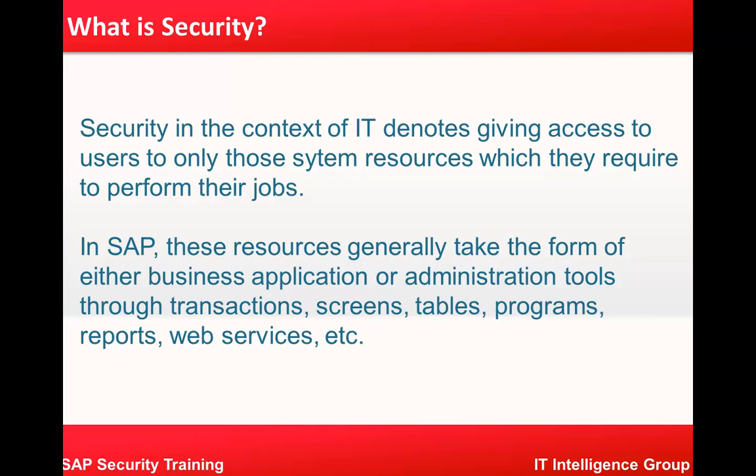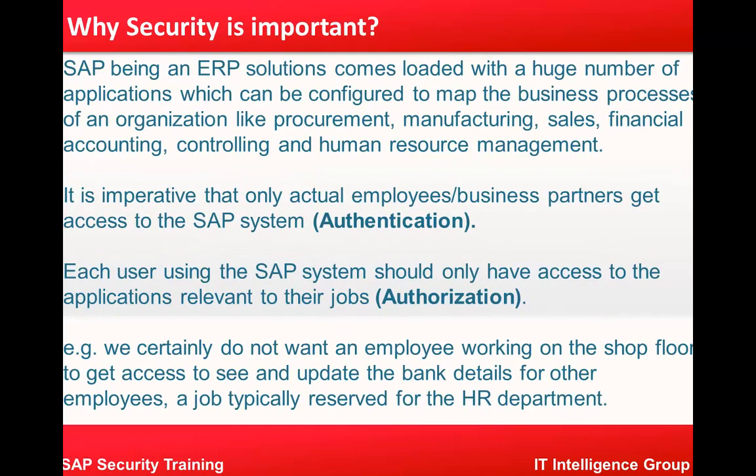And how do we give these controls, how do we assign this, and why is this important? Let's see in this slide. SAP being an ERP solution comes loaded with a huge number of applications which can be configured to map the business processes of an organization like procurement, manufacturing, sales, financial accounting, controlling, and human resource management.